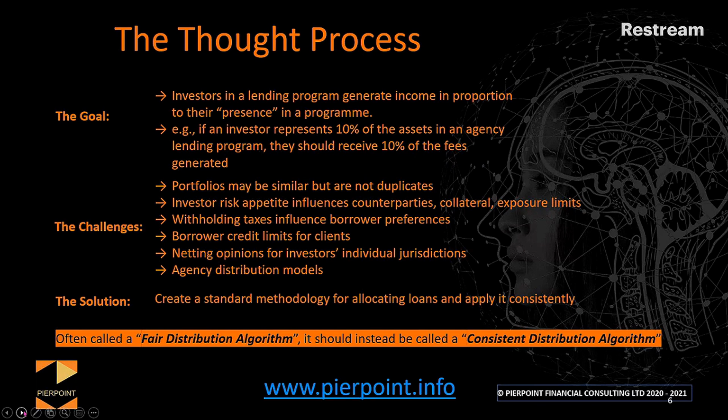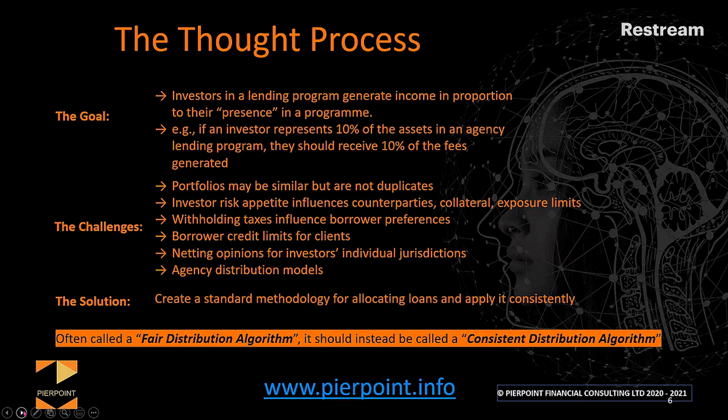So not just counterparties, but also collateral. There's cash collateral, there's non-cash collateral. Within non-cash collateral, there is equities, government bonds, corporate bonds, and different investors have different views and perspectives on that. Of course, the widest possible collateral profile is more attractive than a more narrowly defined one.